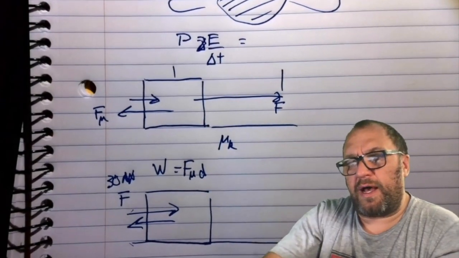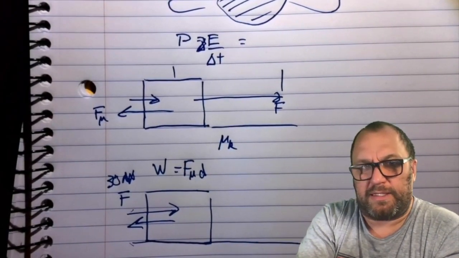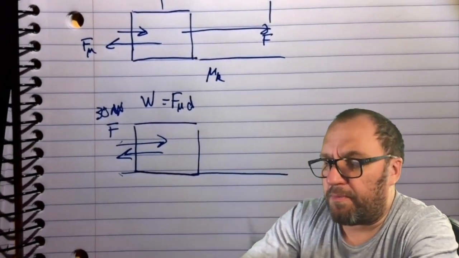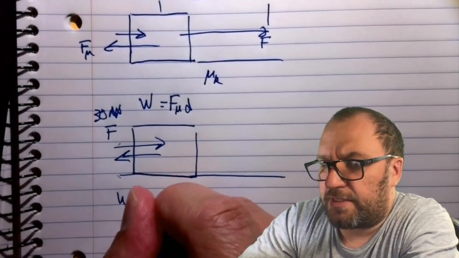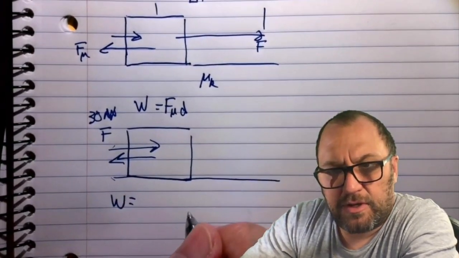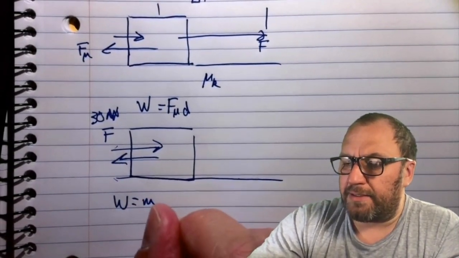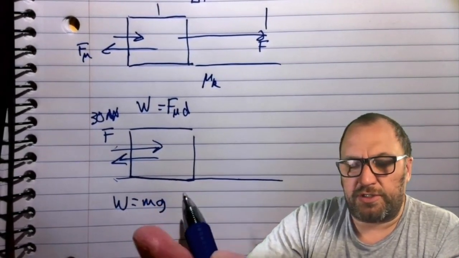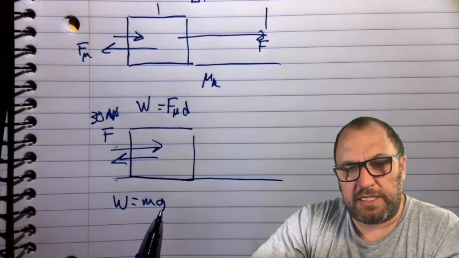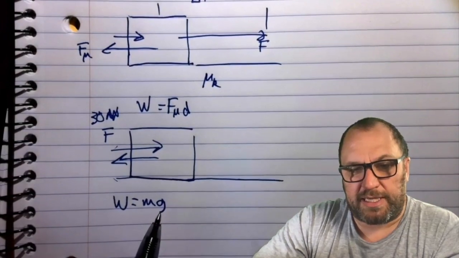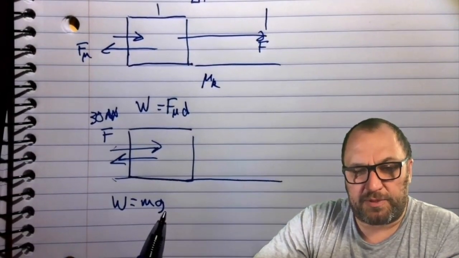Then you need to know how to also calculate the weight. Right? So if I wanted to calculate my weight, right, weight is not the same as mass. So if I want to calculate weight, I would take my mass times the acceleration due to gravity. And g on Earth is 9.81 meters per second squared, or 9.8 meters per second squared.